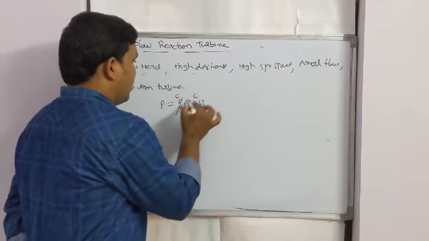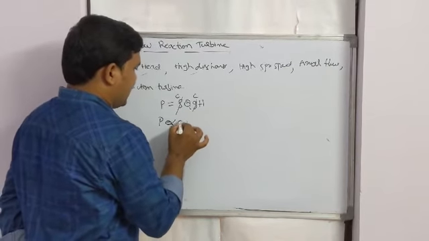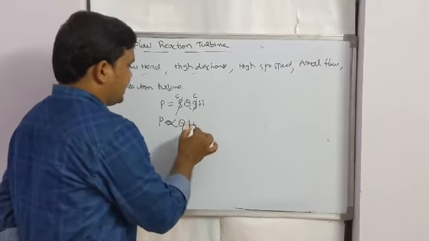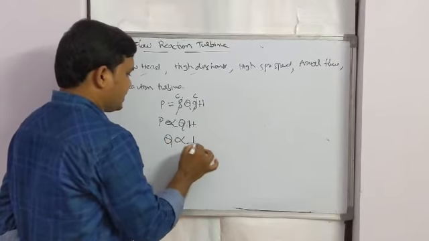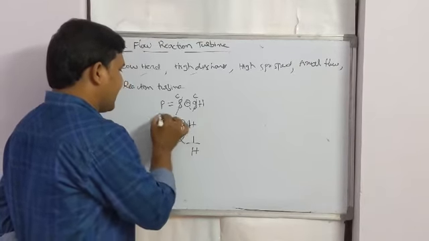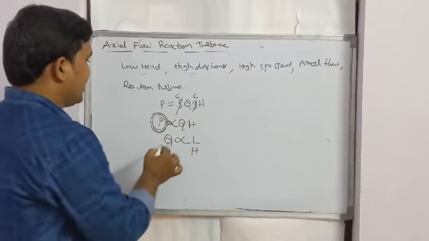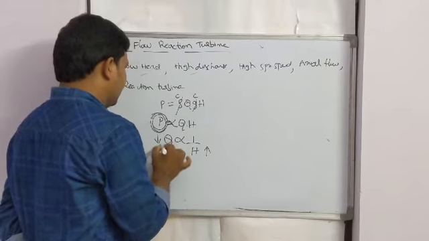So the power is directly proportional to Q and H. For the same power, Q is inversely proportional to head. The higher the head, the lower the discharge required.